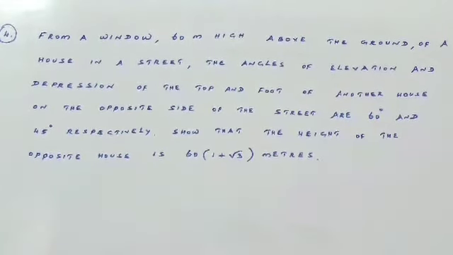And from the same point, the foot of the house is looked at at an angle of depression of 45 degree. Now we have to find the height of the opposite house, that is 60 into 1 plus root 3 meter.